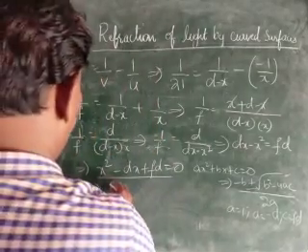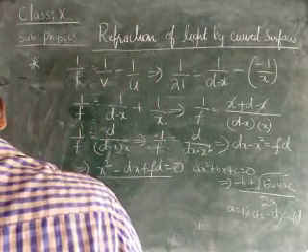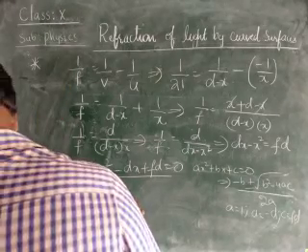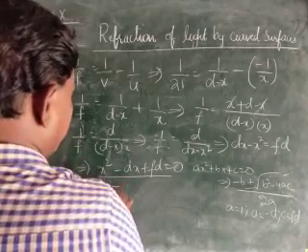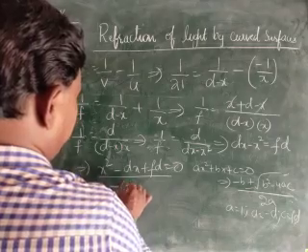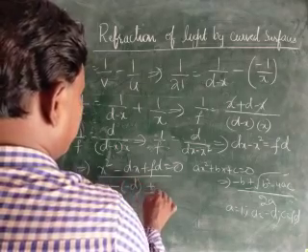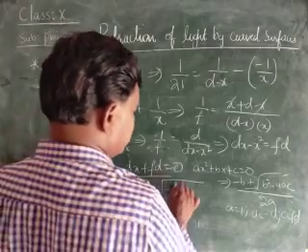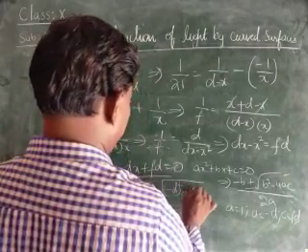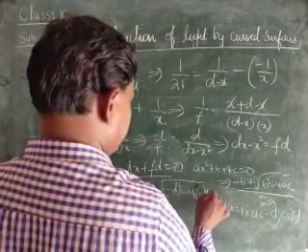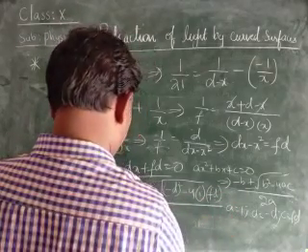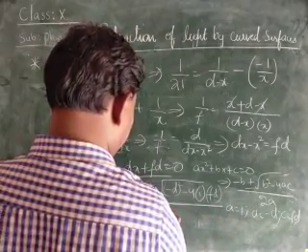Therefore, we get minus of minus d plus or minus square root of (minus d) whole square minus 4ac, by 2 into 1.